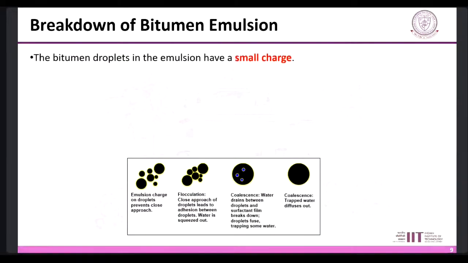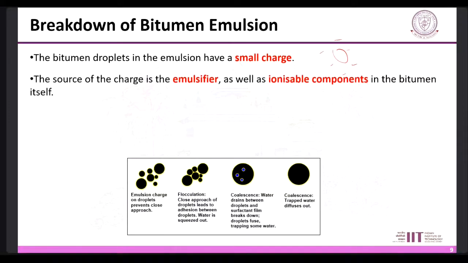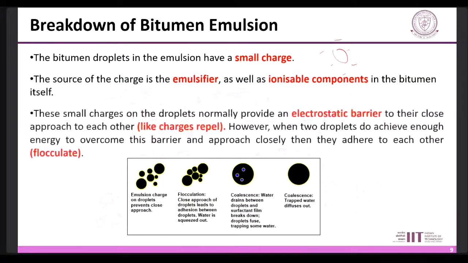First, the bitumen droplets in the emulsion may have a small charge. As told, there will be a negative charge on the surface of the bitumen emulsion droplet, and the source of the charge is basically the emulsifier as well as the ionizable components of the bitumen itself. Bitumen is also having some charge. And third, this small charge may provide an electrostatic barrier.